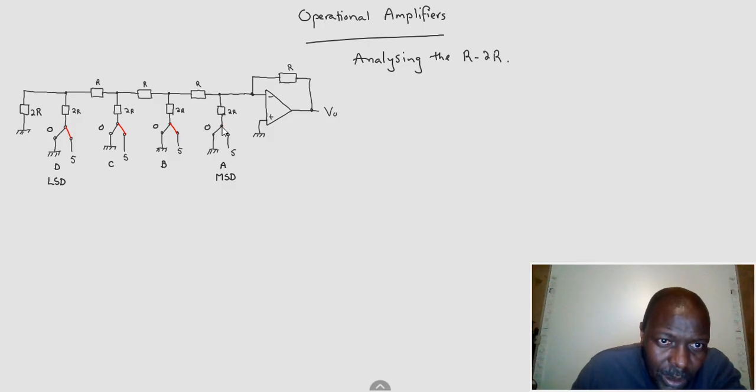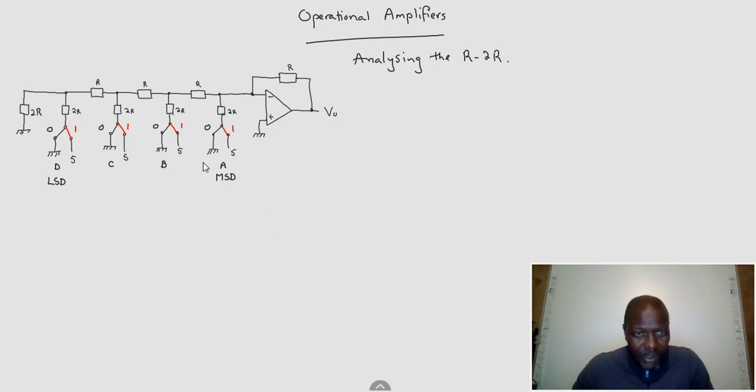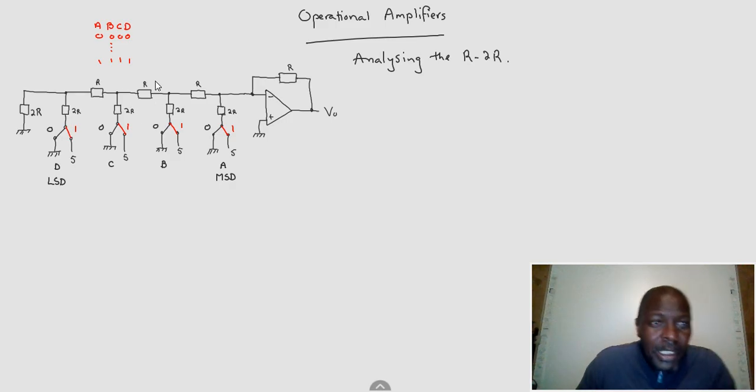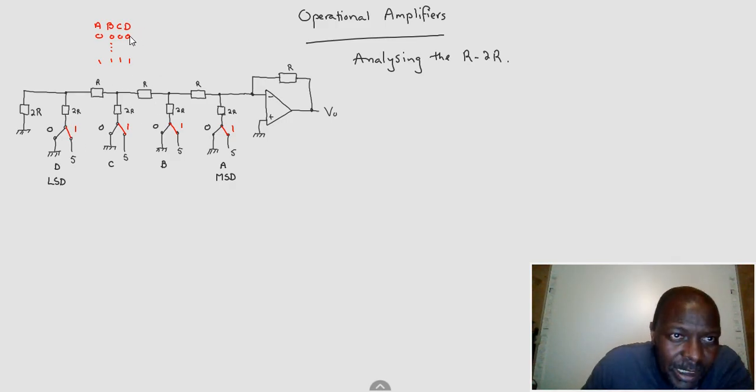Our 1 is on that side, because our MSD is that side. So remember, it's A, B, C, and D from 0000 all the way up to 1111.